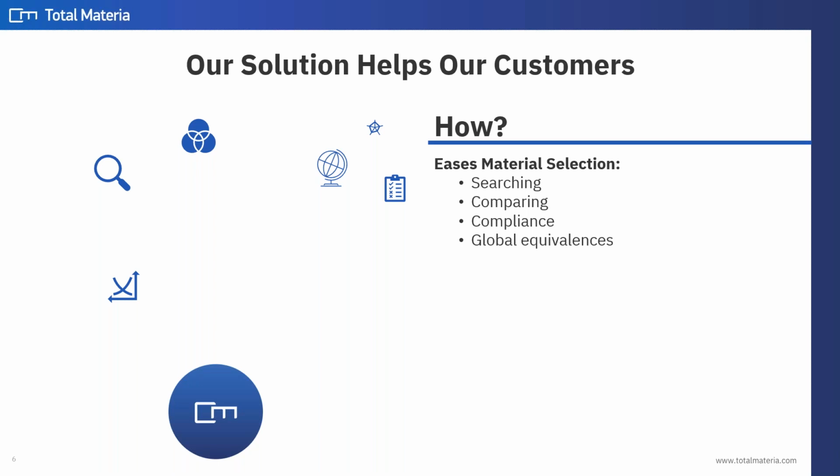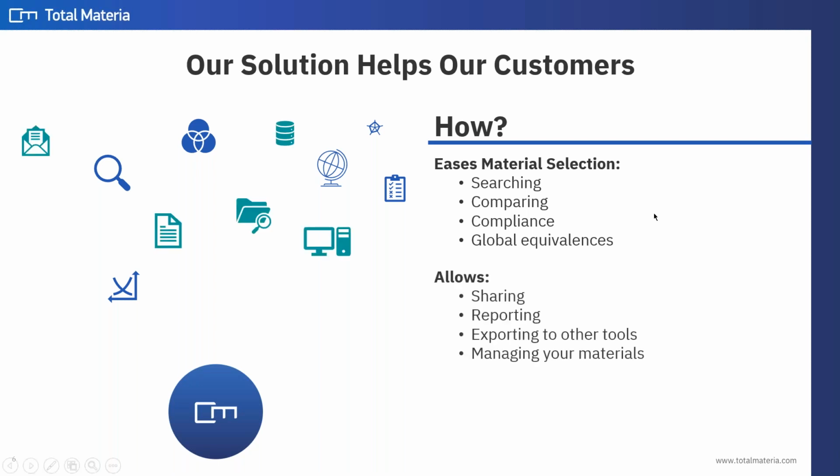If you cannot reach any material or any producers, and in a critical time frame, you will find and compare different materials and find the same equivalent material in alternative solutions. It allows you to share this information between engineers, do reporting, export to other tools, and manage your materials easily and faster.